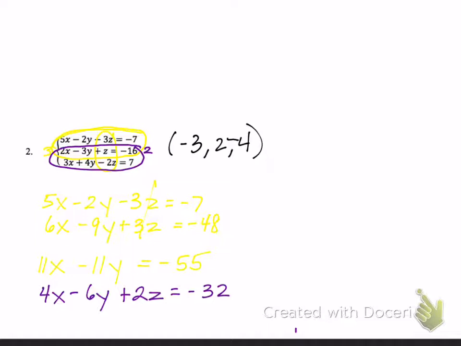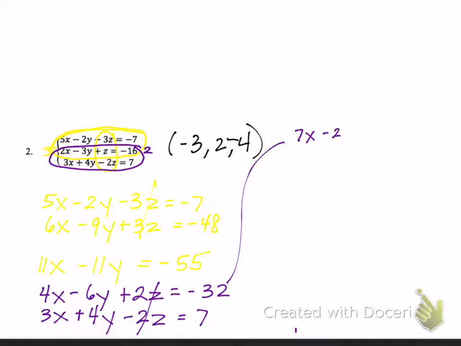And then I'm going to rewrite the bottom one, but I don't need to multiply it by anything. Those will cancel. I add down, and I get 7x minus 2y equals negative 25.